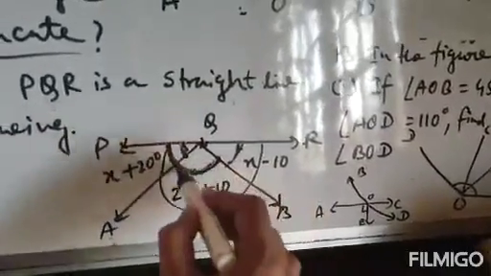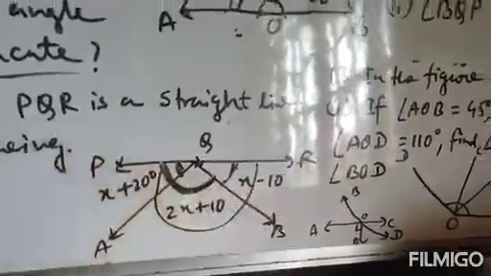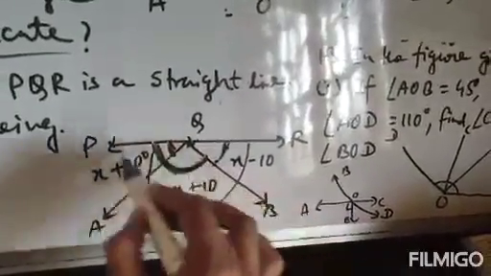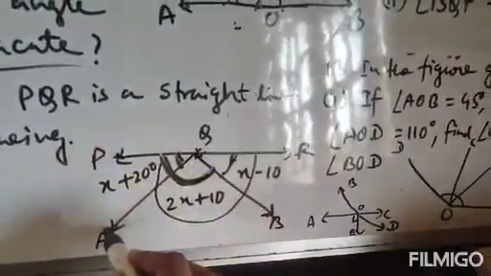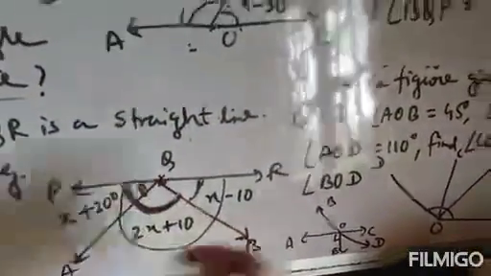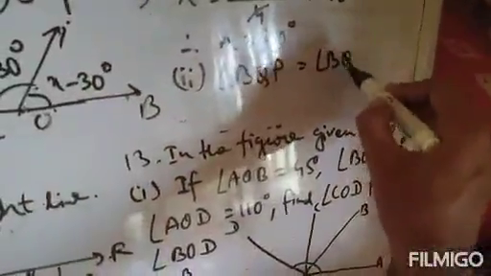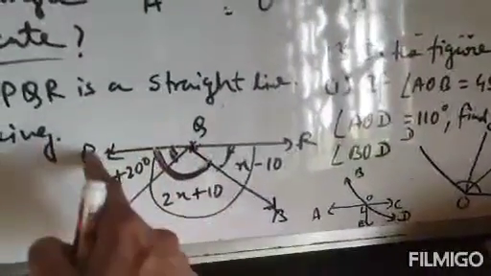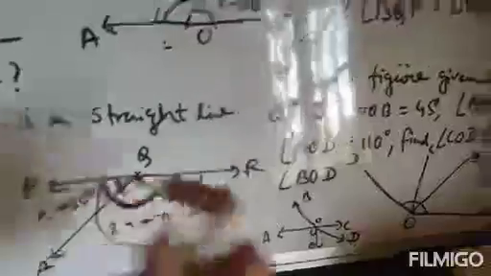This part is the sum of AQB, this part, and PQA, this part. So BQP we can write, BQP means BQA, this part, plus AQP, this part.